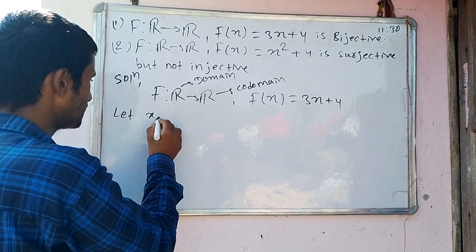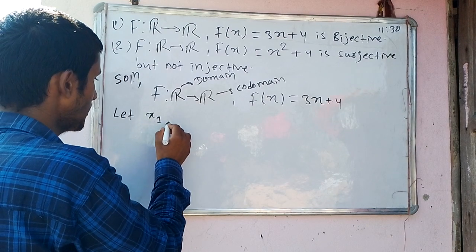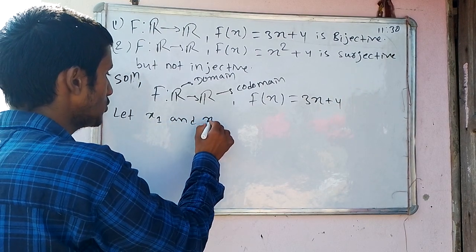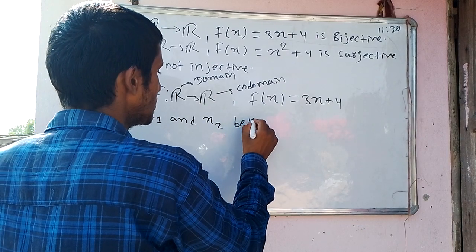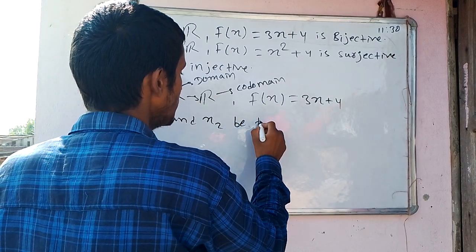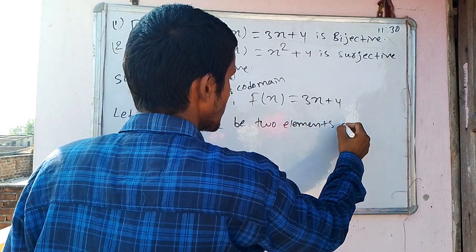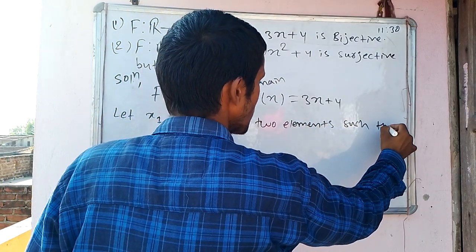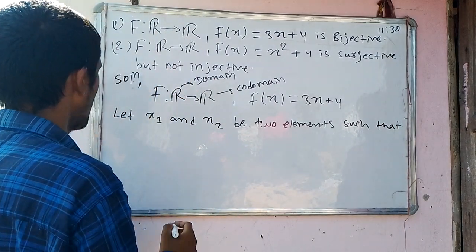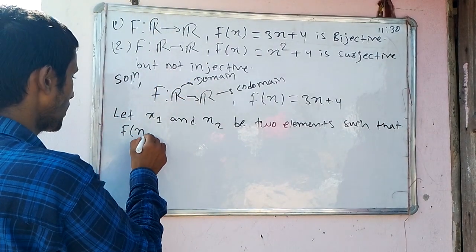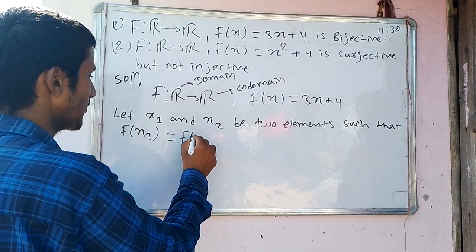x1 and x2 be two elements such that f of x1 is equal to f of x2.